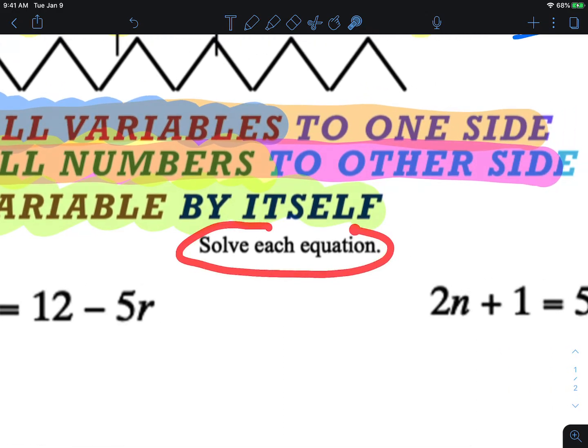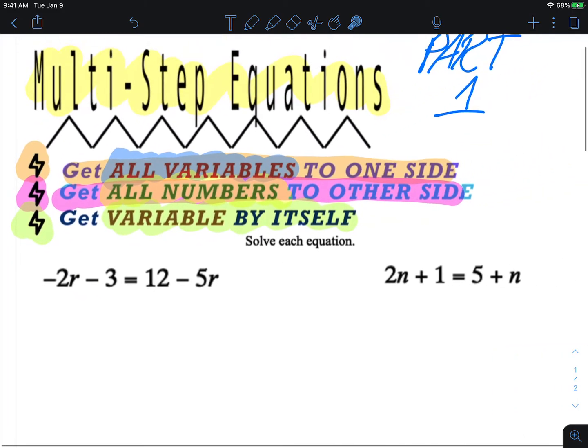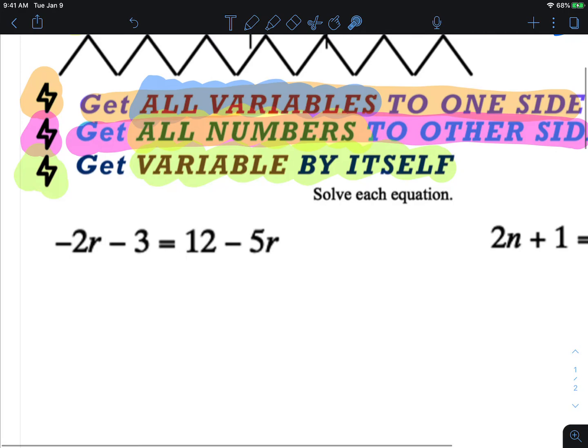We're going to find the missing letter that creates a balance between left and right, and we want left and right to be equal.